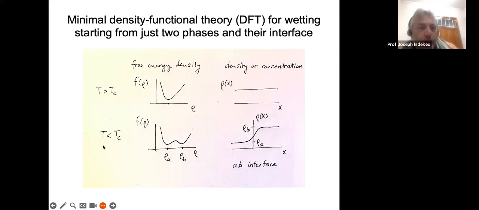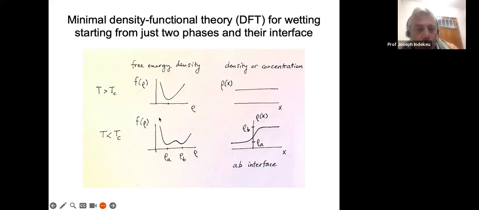Now, by assumption, below this critical temperature, we can have phase separation into two phases that differ in properties, in particular that differ in density or concentration, as we have seen for the methanol-rich and the cyclohexane-rich phases in our mixture.